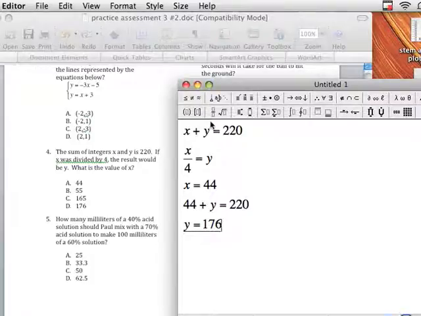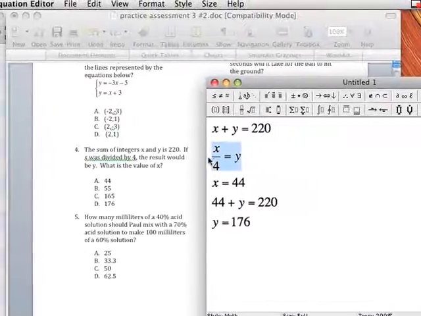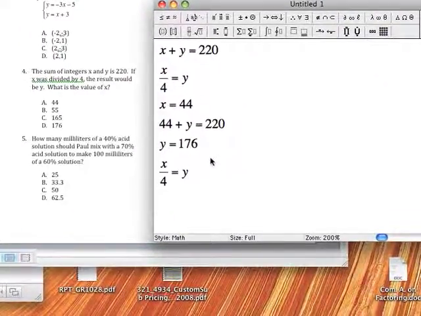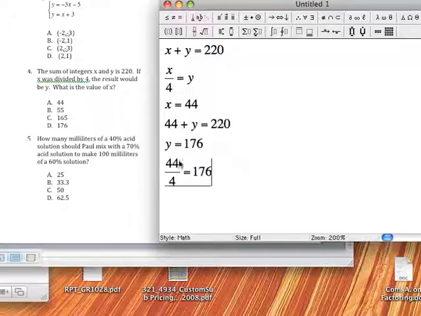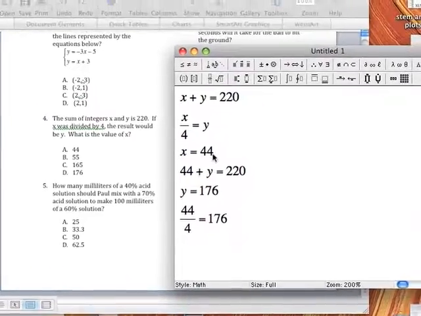Now, if that's the case, I could substitute both of those values into x divided by 4 equals y, and it would work. So let's see if that actually happens. So I'll copy this equation down, and I'll replace x with 44, and I'll replace y with 176. I don't really think that's going to work, because 44 divided by 4 is 11. So let's try something else.